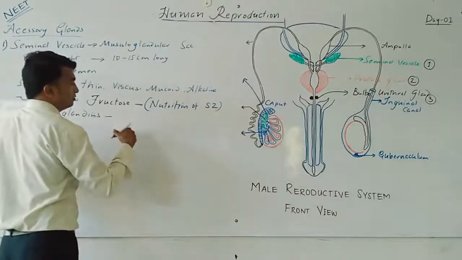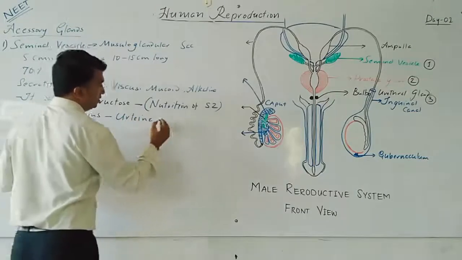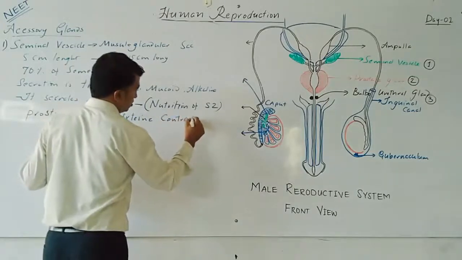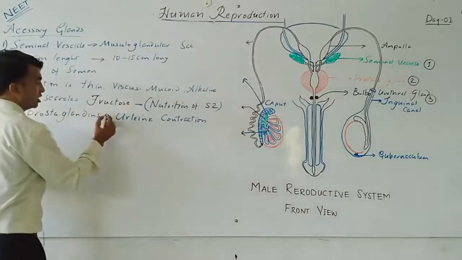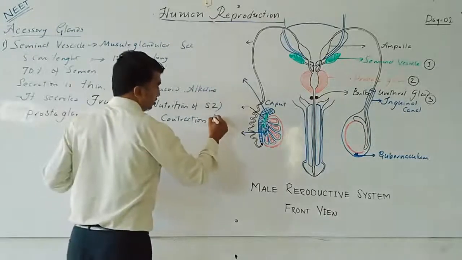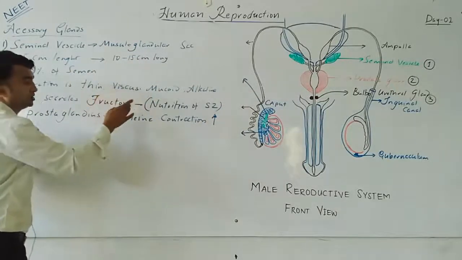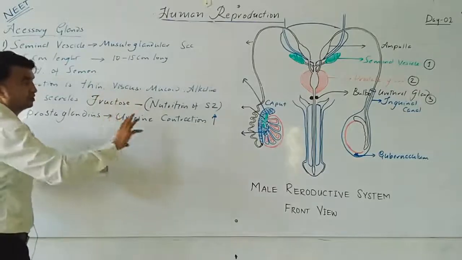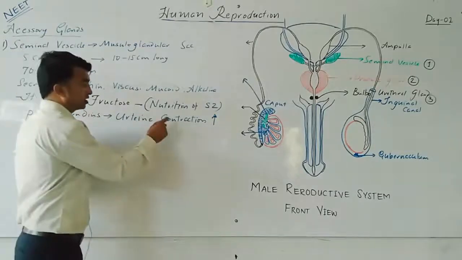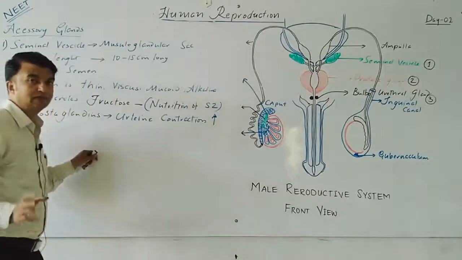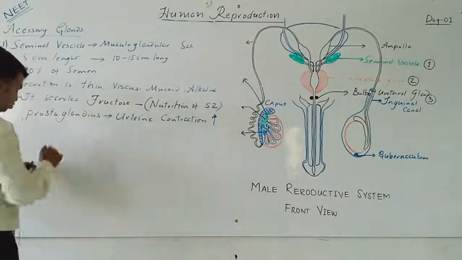Prostaglandin will promote the uterine contraction in the female reproductive tract, so that the spermatozoa will ascend into the uterus. So only two components are there: fructose, which provides nourishment for the spermatozoa, and prostaglandin, which increases the uterine contraction. So this is the seminal vesicle. Clear?